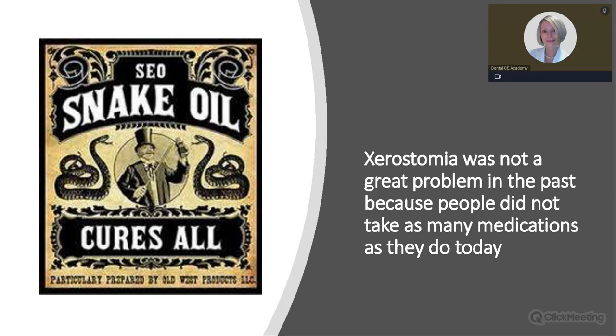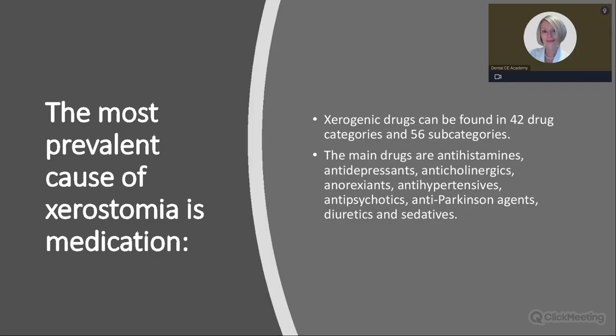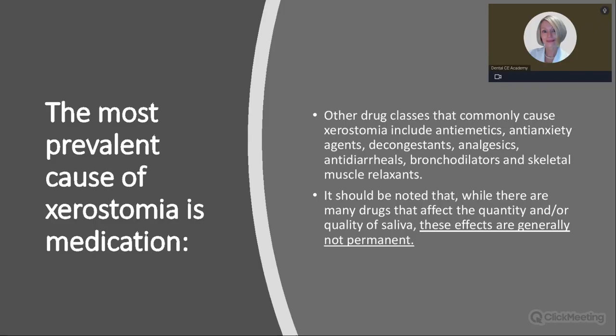So xerostomia was not a great problem in the past because people did not take as many medications as they do today. And we said that the most prevalent cause of xerostomia here is polypharmacy. Xerogenic drugs can be found in 42 drug categories and 56 subcategories. Looking at these, you'd be hard pressed to have a patient walk in your door during the day that wasn't on at least one of these. And of course, at particular times of the year when allergies may be problematic for our patients, they may develop a transient xerostomia as well.